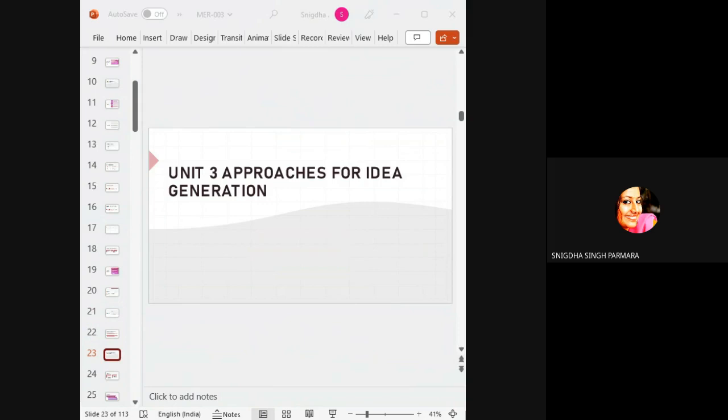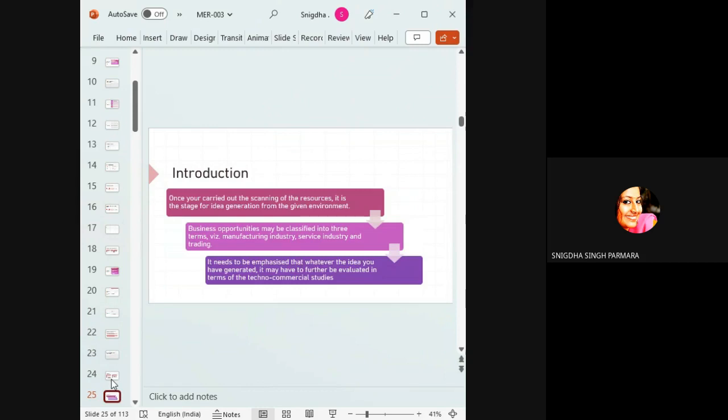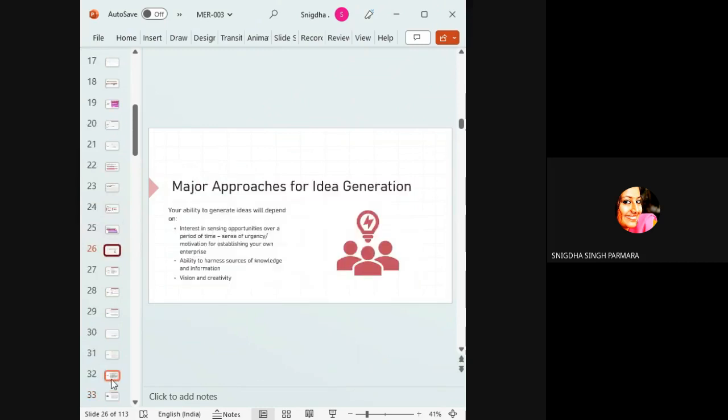The major approaches for idea generation are natural resources, manpower resources, infrastructure, population, export, import, some anticipated industries, etc. And what are the ways in which final selection of business opportunities is done. So this is what we will be covering here. What are the major approaches for idea generation?